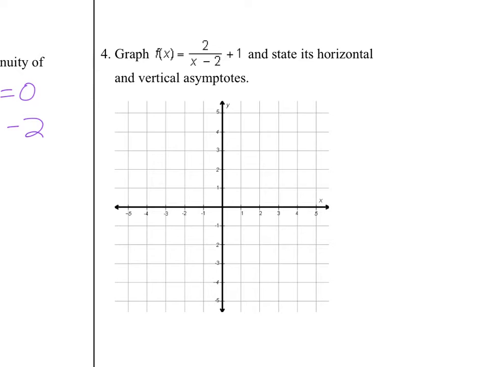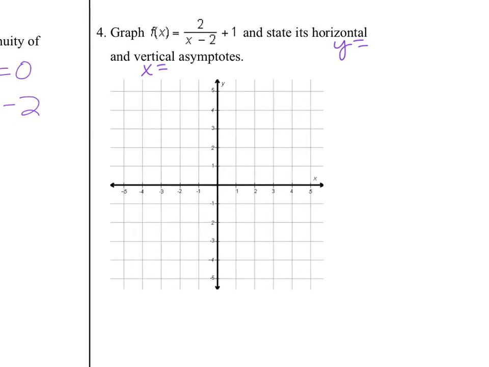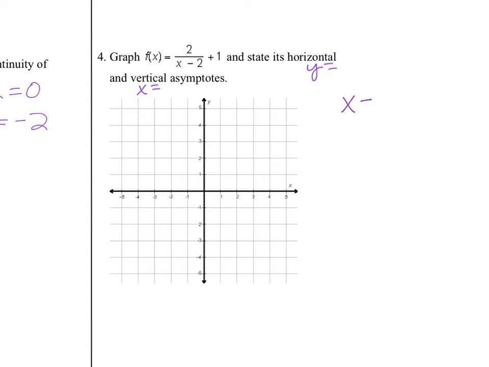All right, state the horizontal and vertical asymptotes. Horizontal are my y equal, and vertical are my x equal. All right, so x minus 2 has to equal 0, which means that x equals 2 is my vertical asymptote. Now when you take this test, if you want to use different colored pencils for your asymptotes, grab a red pencil and use it for asymptotes, or a blue pencil and a black for regular test, that's fine.